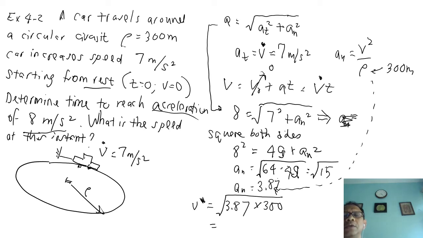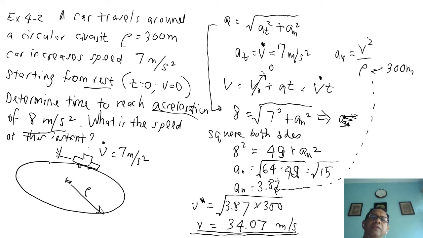So the answer is 34.07 meter per second. So that is the answer for the speed at that particular instant when the acceleration is 8 meter per second square. So that's the second example.